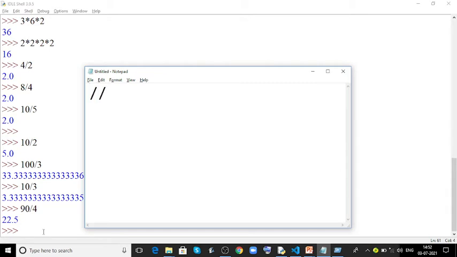Okay. This operator is known as integer division or floor division. Sometimes it is called floor division or integer division. Fine. If I say floor division or integer division, then I am talking about this operator. What is the name? Floor division, right?